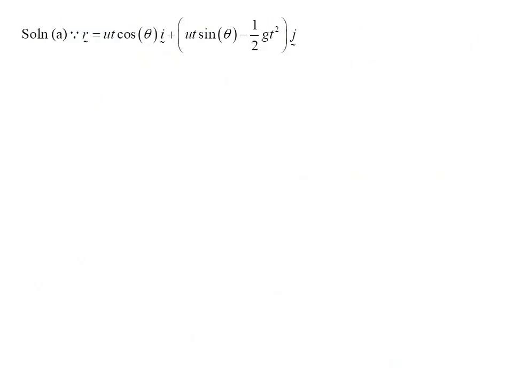Now let's come back and start to answer part A of this long question. Since the given position vector r equals ut cosine theta i plus (ut sine theta minus gt squared over 2) j, the i component variable x equals ut cosine theta, which gives t equals x over the product of u and cosine theta.